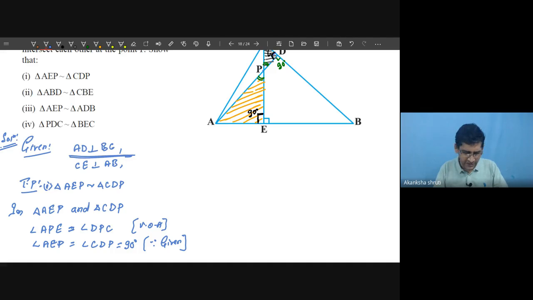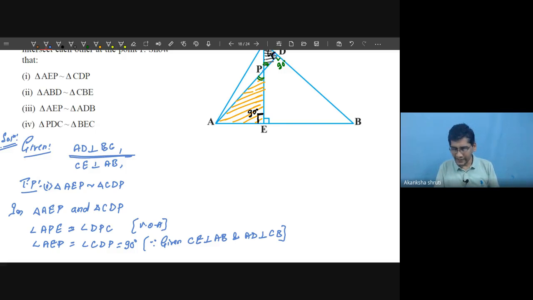No need to rewrite again AD perpendicular to BC and CE perpendicular. If you have enough time, writing that is also okay. That doesn't make any difference. So it is given that CE is perpendicular to AB and AD is perpendicular to CB or BC.